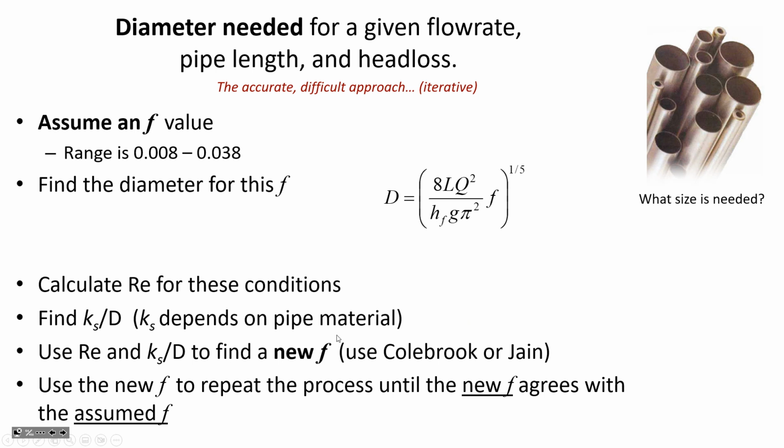But then you have to recalculate the diameter again because you have an improved f value, and previously you were just picking an f value out of thin air. And so you repeat this process as many times as necessary until the new f value agrees with what you assumed in a previous iteration. So it's the process of calculating until you achieve convergence.